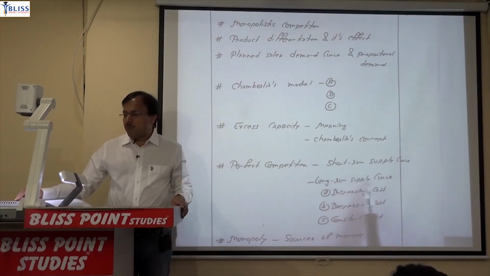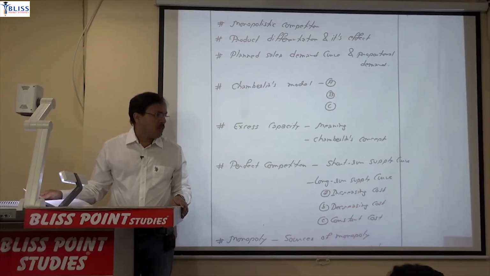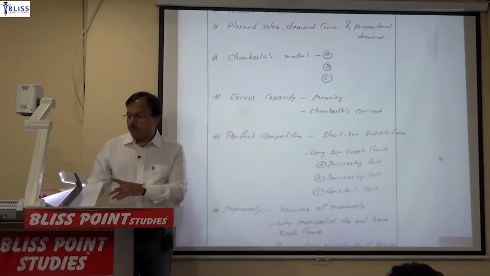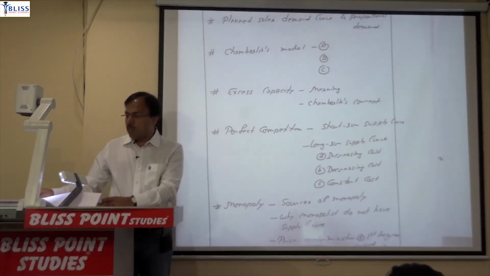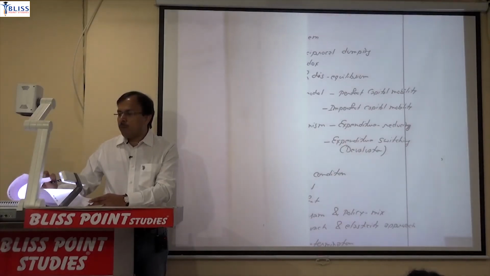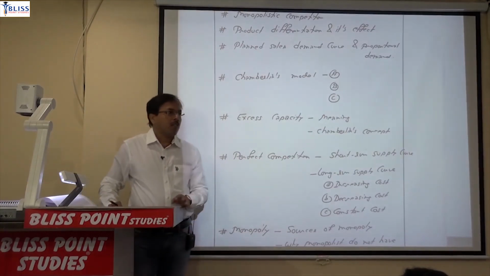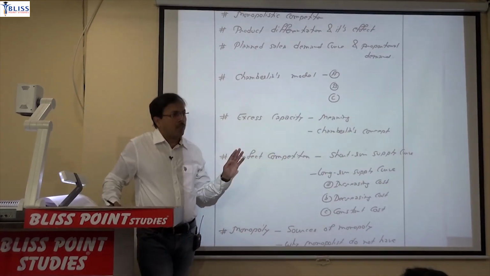Next will be the long run supply curve under increasing cost industry, decreasing cost industry, and constant cost industry. Plus in monopoly, sources of monopoly, why monopoly does not have a supply curve and so on. This is the complete part in which the entire Paper 1 is prepared topic-wise. It is a kind of checklist for you; keep marking what you have done there.